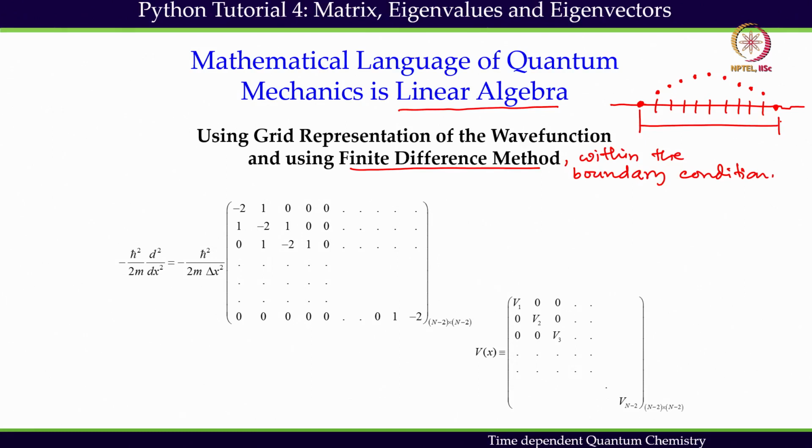Where the grid will be terminated, theoretically the wave function should be extending from minus infinity to plus infinity, but we cannot take such an infinite boundary grid in computation. So, we make it a finite boundary, assuming that at the boundary the wave function takes 0 values.